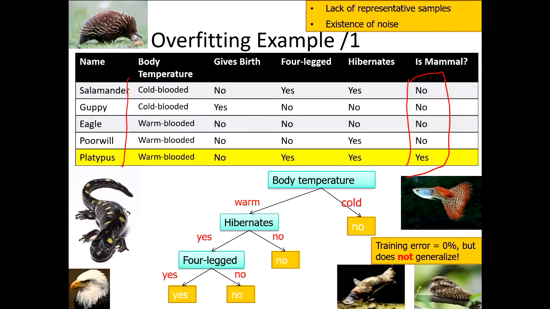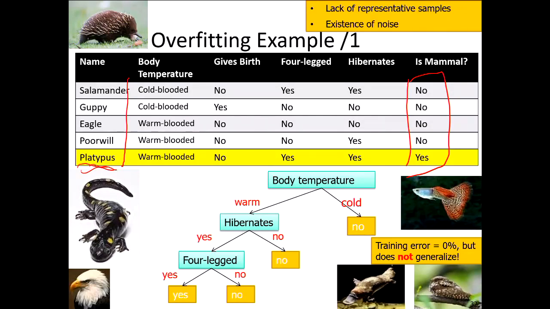So training error is 0. But because of this little thing, you know platypus, right? It's a very unique mammal. And because it is the only mammal in the training data, you have a very overfitting decision tree.